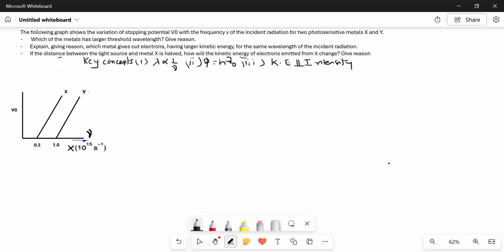Now we can see from the values that the threshold frequency of metal X is less. So since wavelength is inversely proportional to the frequency, metal X will have more threshold wavelength.